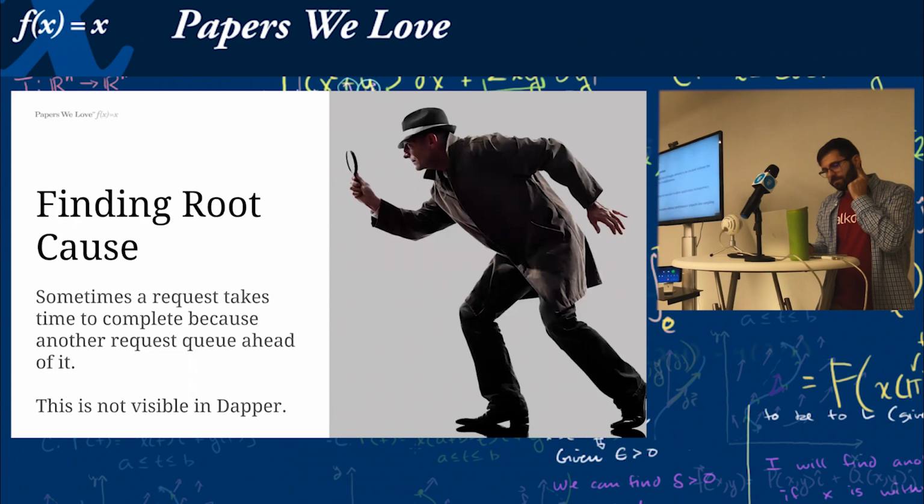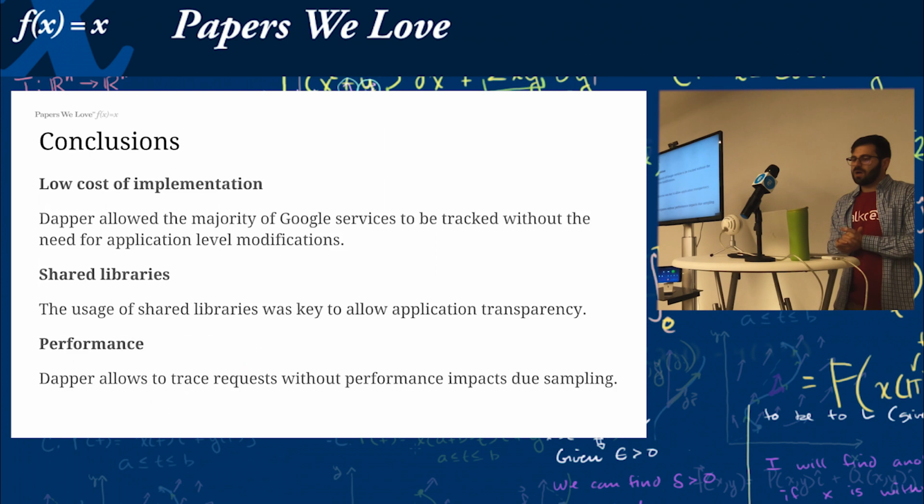And yeah, that's basically the paper. We talked about why Dapper is important, how Dapper collects data, some lessons learned, some case studies. And what I take from this paper is that the cost of implementation was important to the success of Dapper.